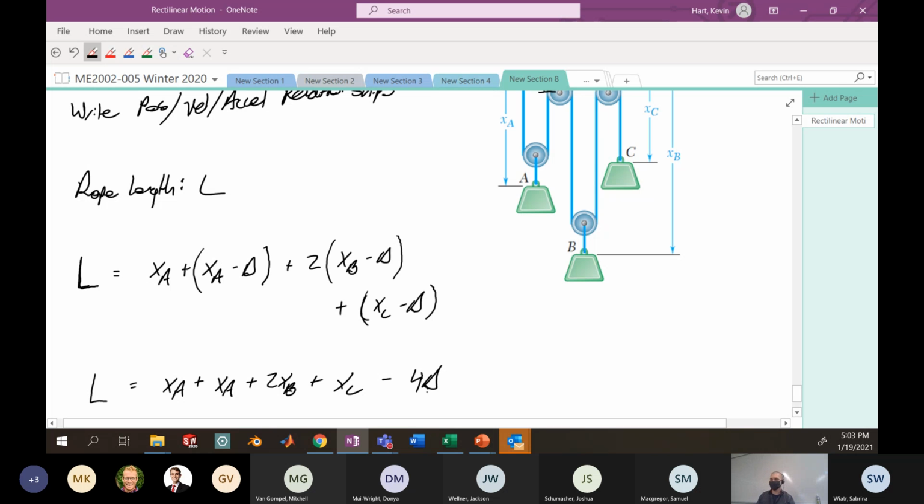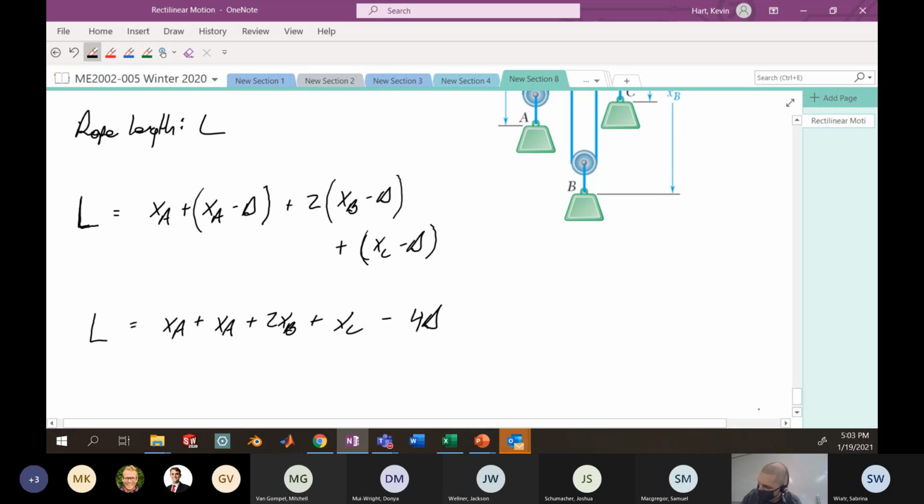So if you wanted to rearrange this, you might write this as L plus 4 delta equals 2XA plus 2XB plus XC. And here's the point: that delta value is a constant value, okay?